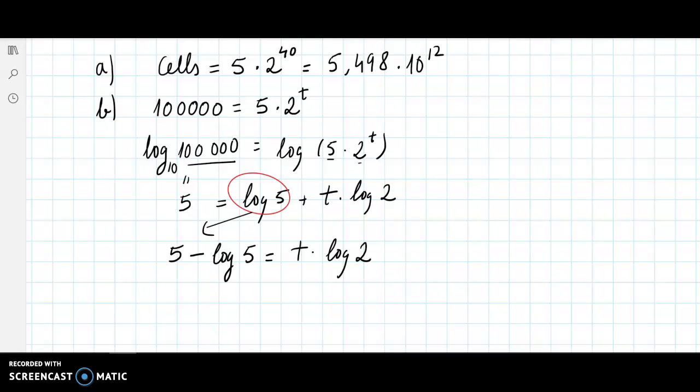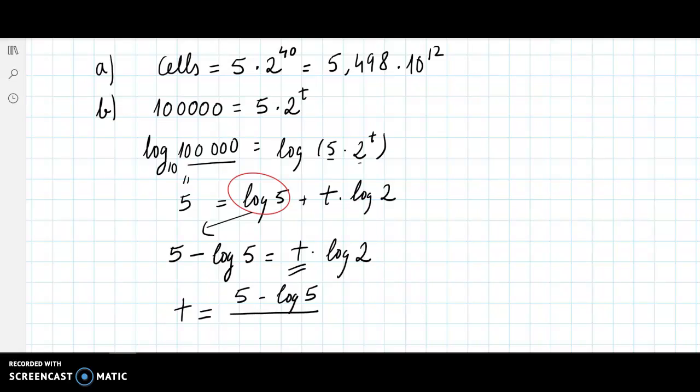And finally, I'm going to solve for t. The t is going to be 5 minus the log of 5. You cannot do any type of simplification here. You have the 5 here, the log of 5, but they are completely different numbers, so don't simplify anything here.